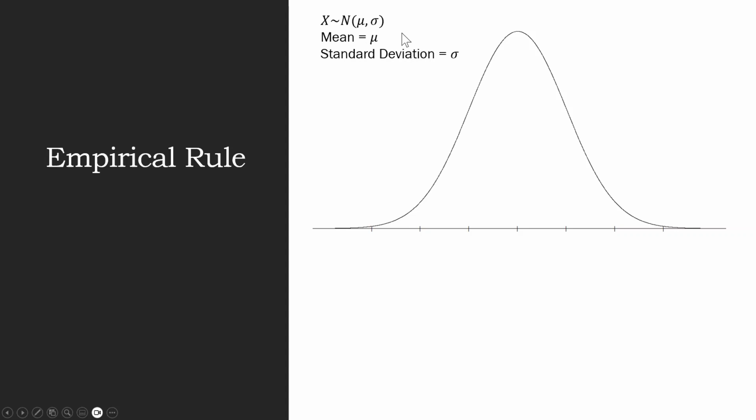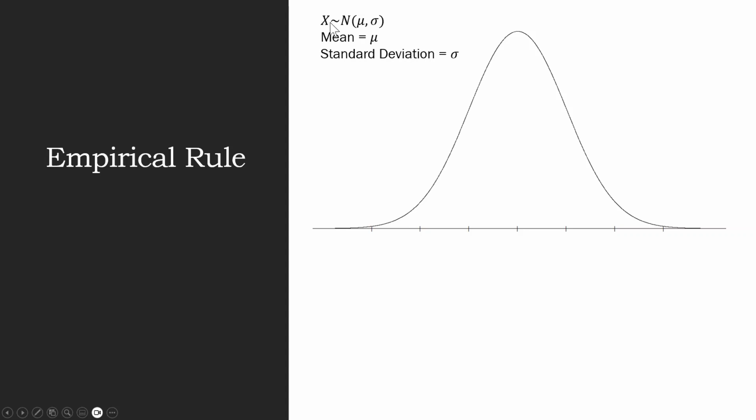Once we know that a variable is bell-shaped and symmetric, it has all of these features of a normal distribution, we can use this notation here. The variable is our x. We've used this before when we were looking at those sums when calculating the standard deviation and the sample mean. We use x to represent the observations of our variable, or the values of our variable in our sample.